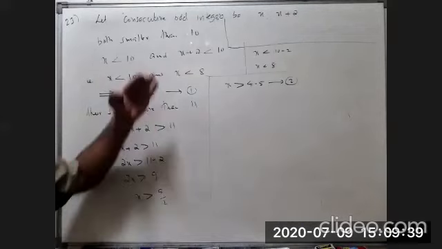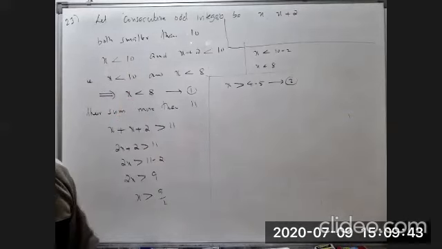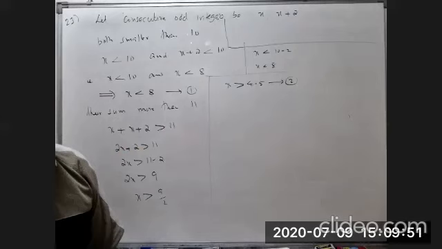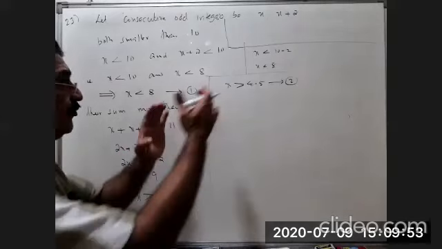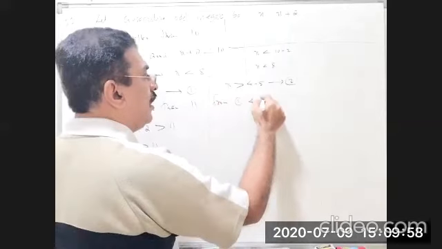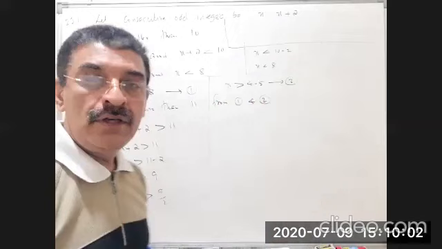So we got these two conditions. From the first condition, condition number 1, we got x less than 8. From the second condition, the sum is more than 11, we got x is more than 4.5. Now we can combine these two results, because both conditions should be satisfied.